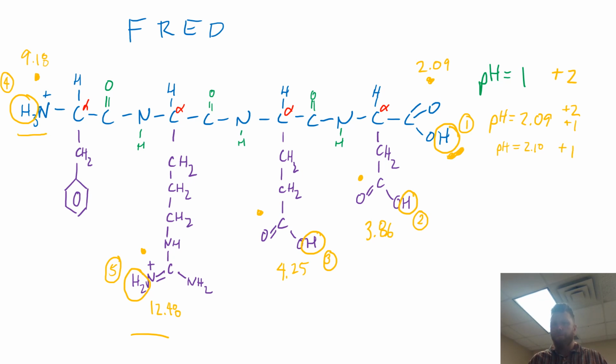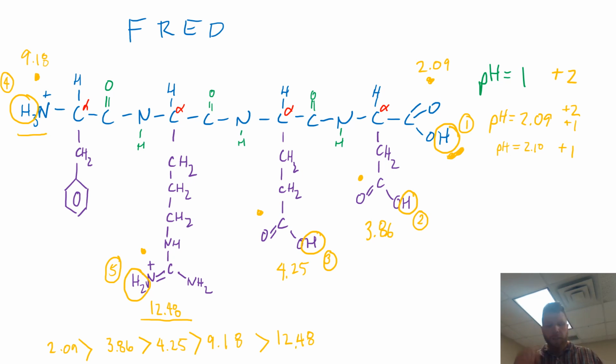of +1. So what you need to do in order to make more sense of your R groups, or to make more sense of the overall charges of your molecules, is to line up these different pKa's. So 2.09, 3.86, and line them up in increasing order: 4.25, 9.18 to 12.48.